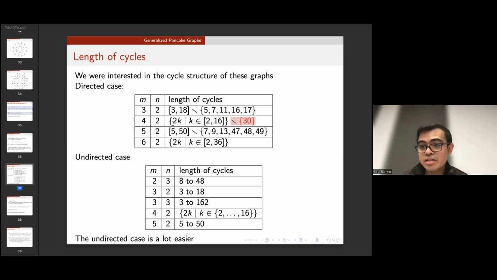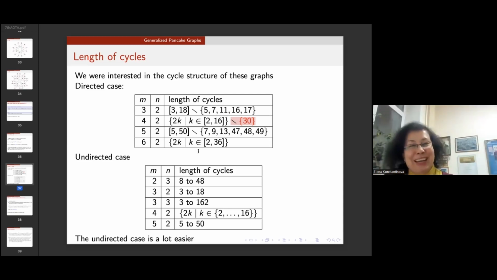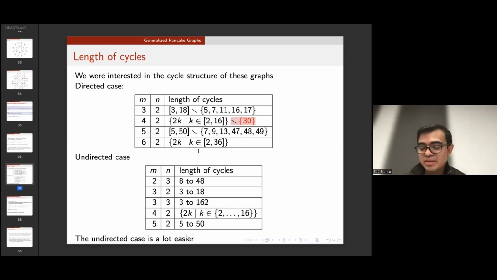The directed case, yes. So that one is known. Actually, if you have students, it would be nice to formulate conjectures first, but we just didn't find enough patterns. We looked at these numbers and I couldn't find a pattern.